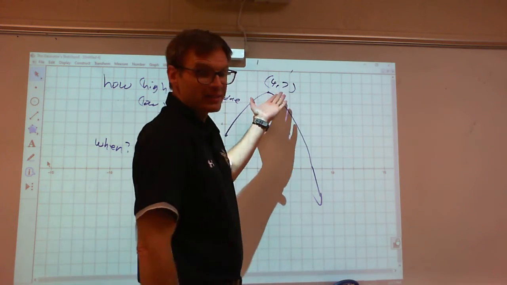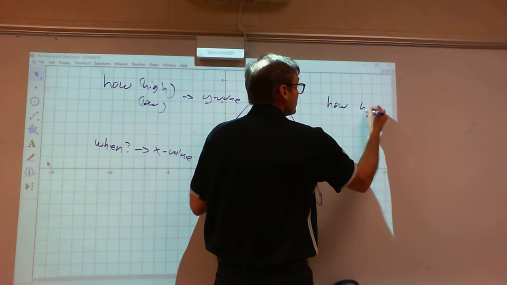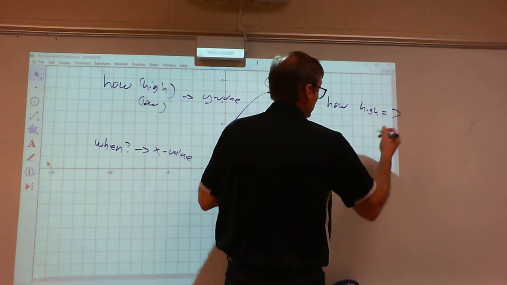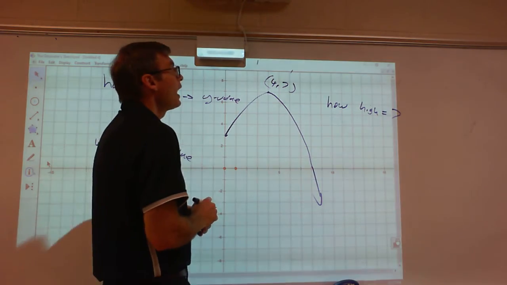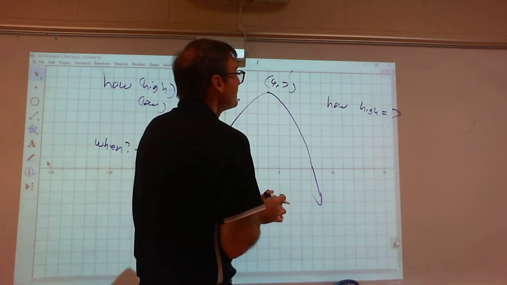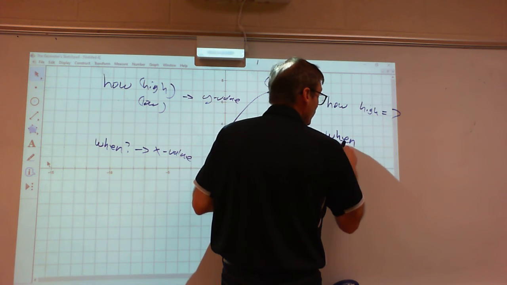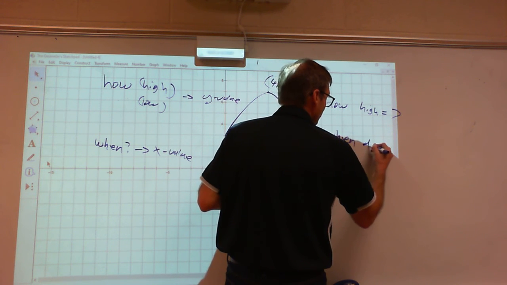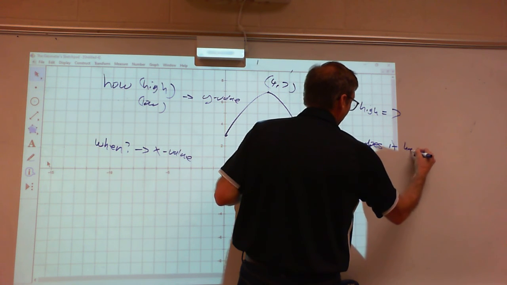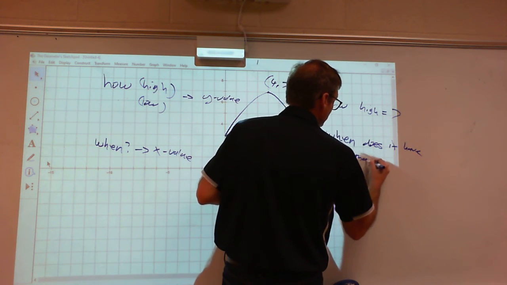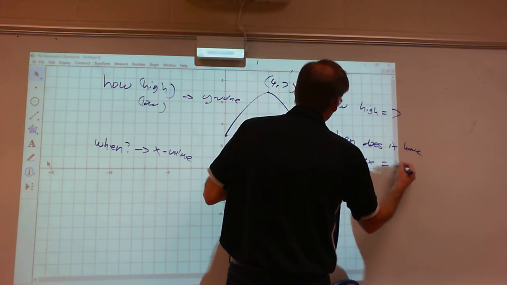So in this case, if I ask how high, I'm looking for a y value. That's just going to be 7, whatever units they happen to be at. If they ask when it achieves its max, when does it have a max? Well, that's going to be the x value, and so in that case, that's going to be 4.